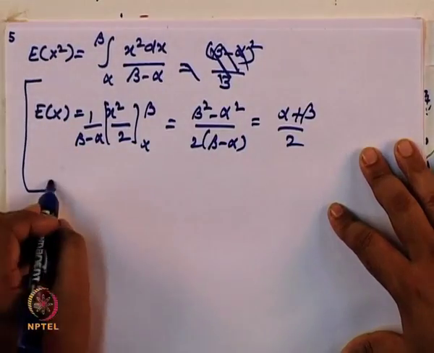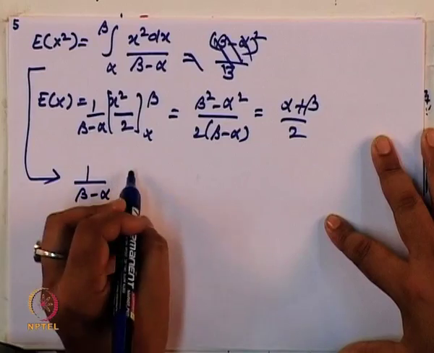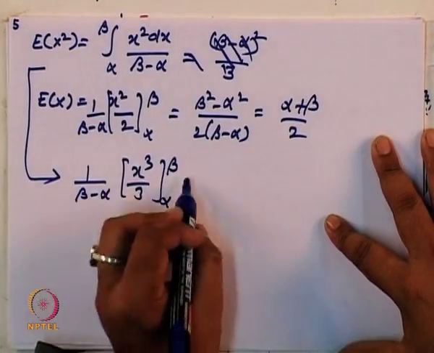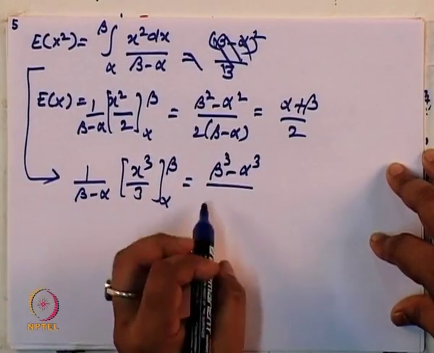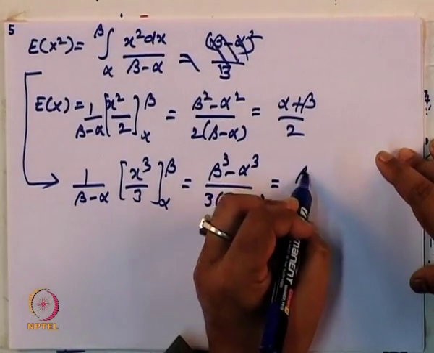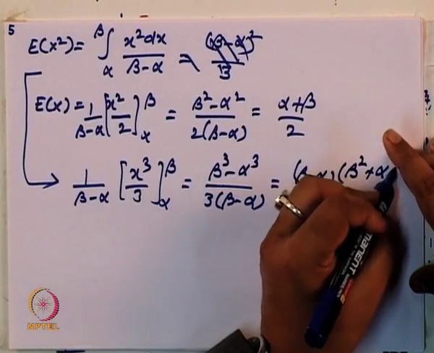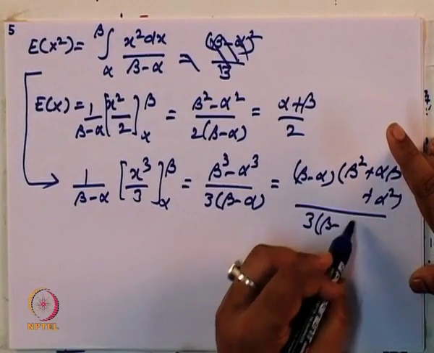So, the expectation of x square is going to be 1 by beta minus alpha into x cubed by 3, which is beta cubed minus alpha cubed by 3 into beta minus alpha.